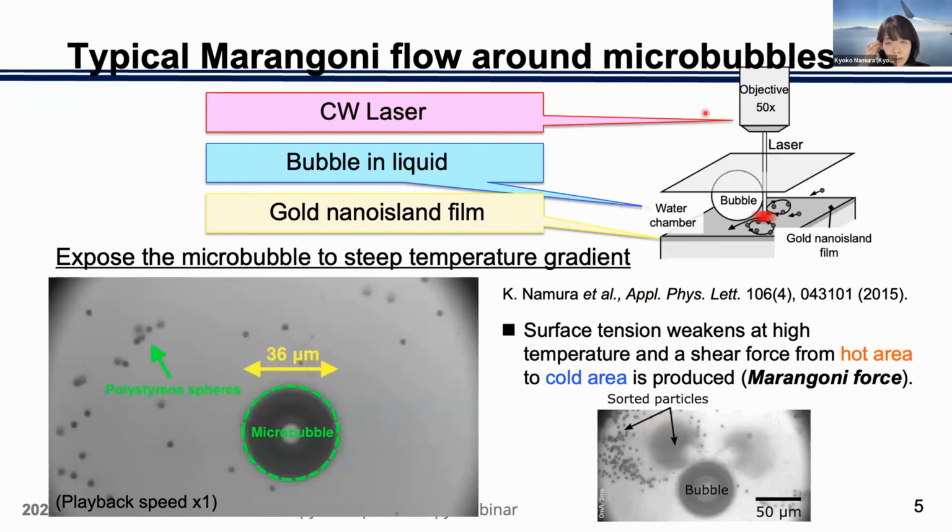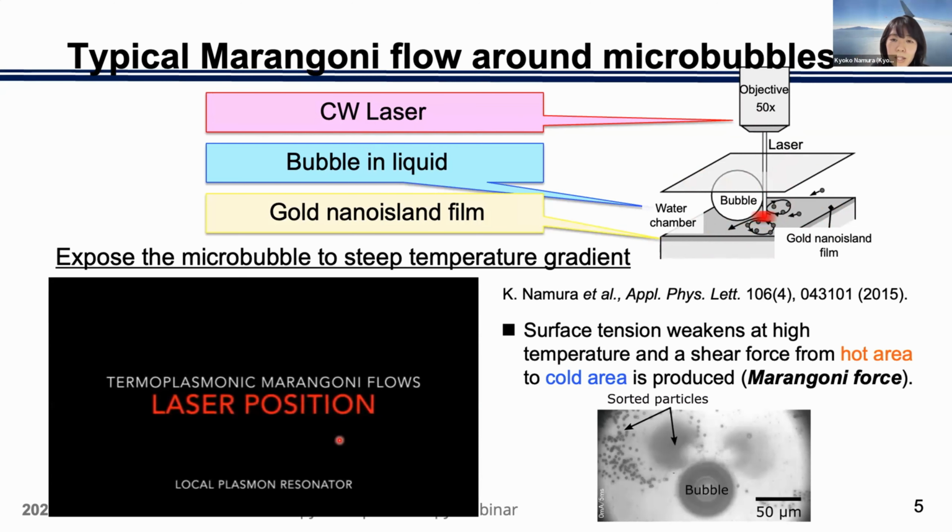We are also working on this kind of bubble and flow generation using photothermal heating. Basically, we have a photothermal conversion film here and irradiate a CW laser on this film to generate heat. Then we can use this heat to generate a bubble or to give a temperature gradient on this bubble and generate some flow.